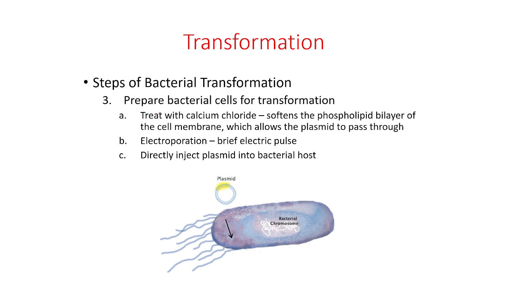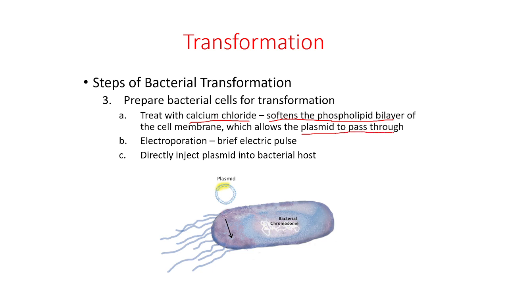It is like a war when you are taking up a plasmid, so you have to prepare yourselves for such difficult situations. Okay, so what do we do? You treat with calcium chloride. What it does is, it requires this calcium, this divalent ion, so it softens your phospholipid bilayer. So it is required for softening the phospholipid bilayer of the cell membrane, which allows your plasmid to pass through.